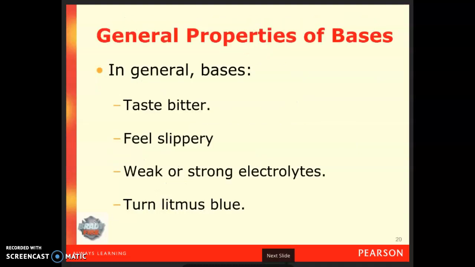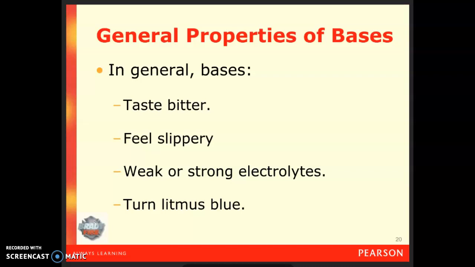Some general properties of bases. In general, bases do not taste good. They taste very bitter. They feel slippery, and that's not necessarily because of a property that they hold themselves. It's actually a reaction that is taking place on your skin as you interact with the base.